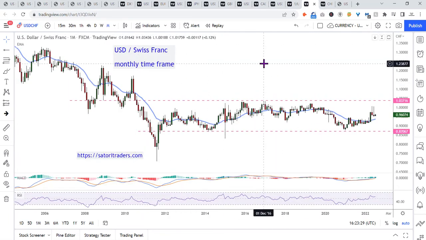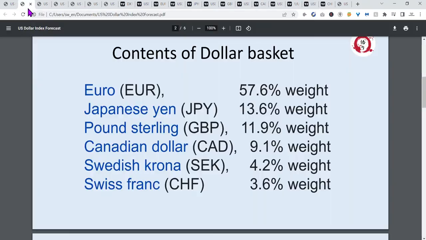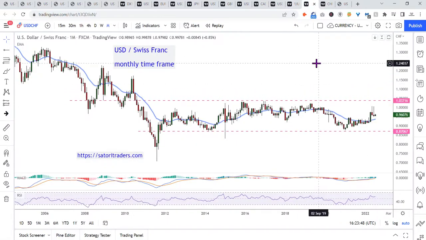This is the Swiss franc. This is the last currency pair. And again, the krona is 4.6% of the basket, I think, 4.2, and the franc is 3.6. So these last two currencies, I don't want to poo-poo them like they're nothing, but they're not a significant portion of the US dollar basket.